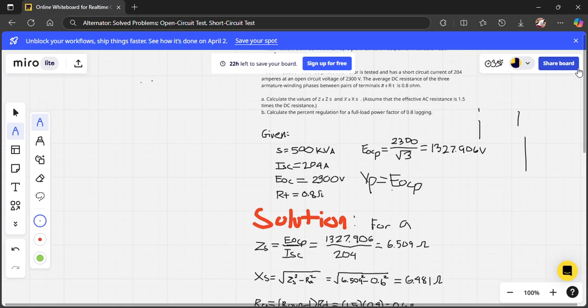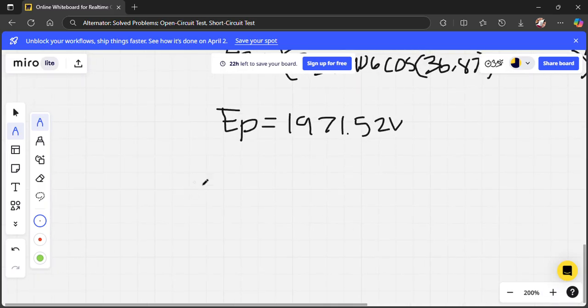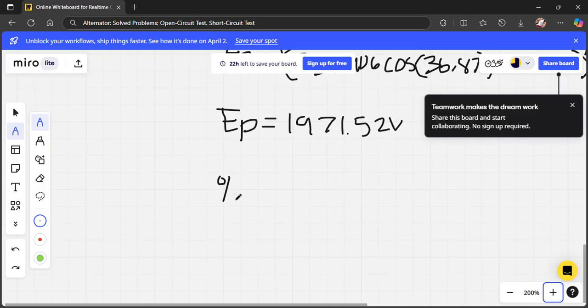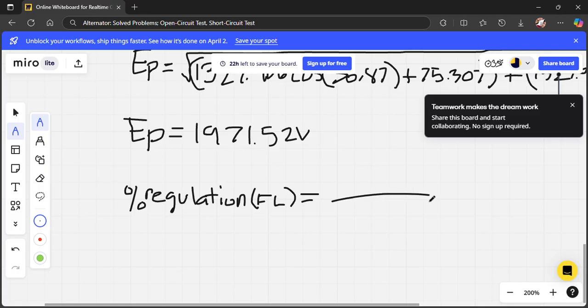Percent regulation at full load is equal to EP minus VP, over VP, times 100.